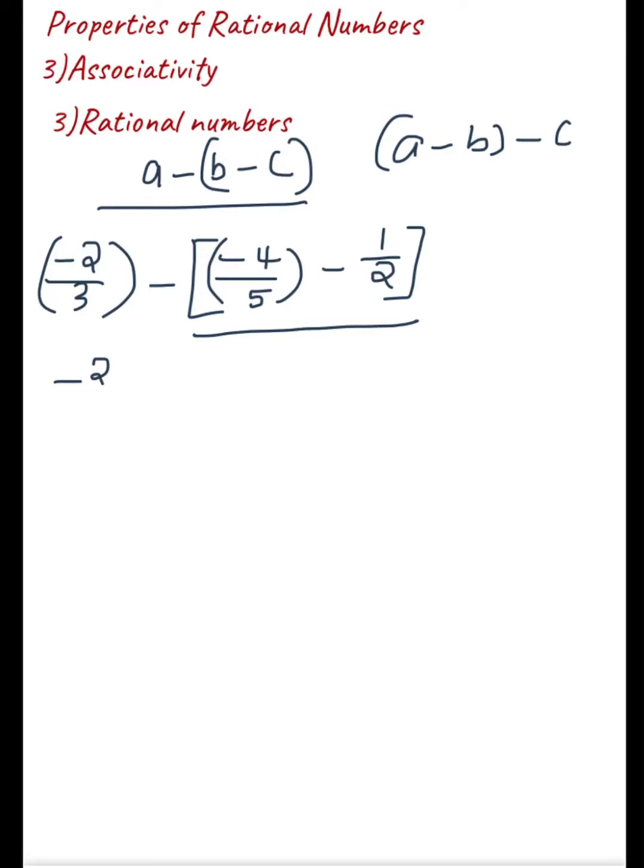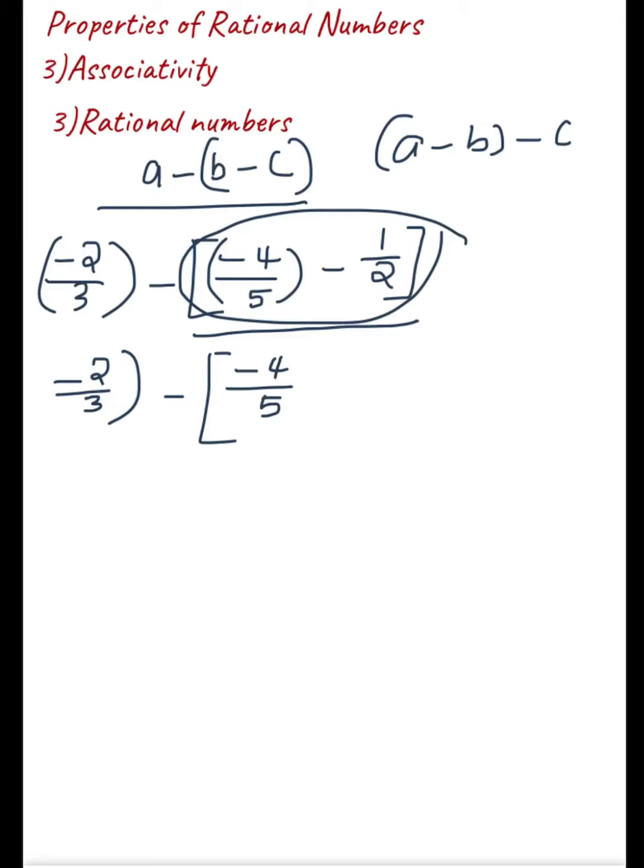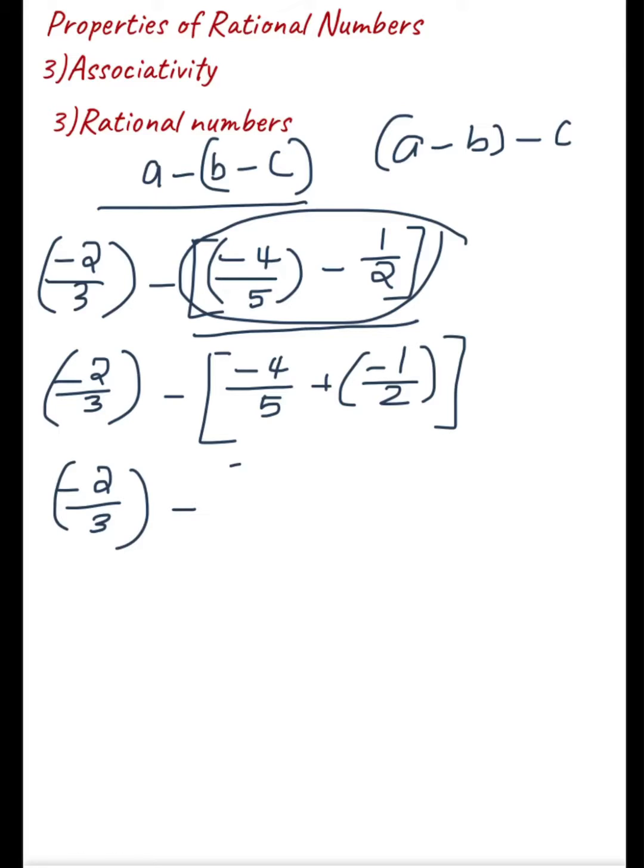So writing this number as it is, minus, inside the bracket you can write it as minus 4 by 5 plus minus 1 by 2. Okay, let's rewrite it in this way.